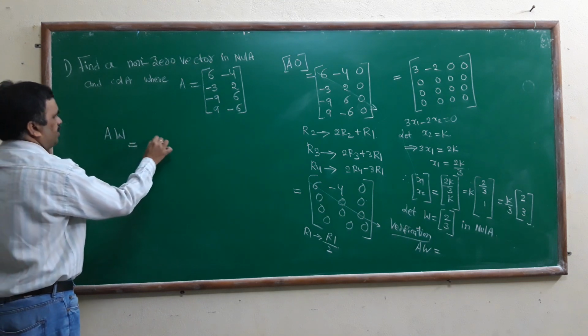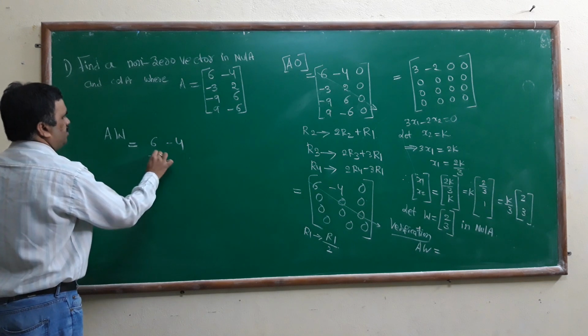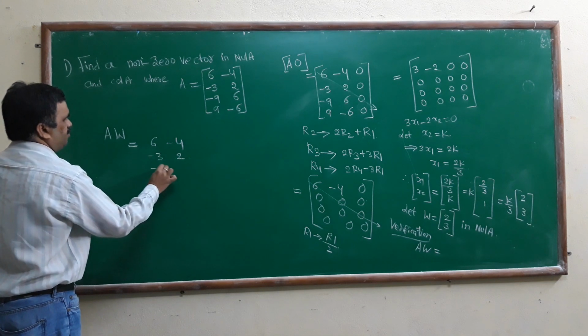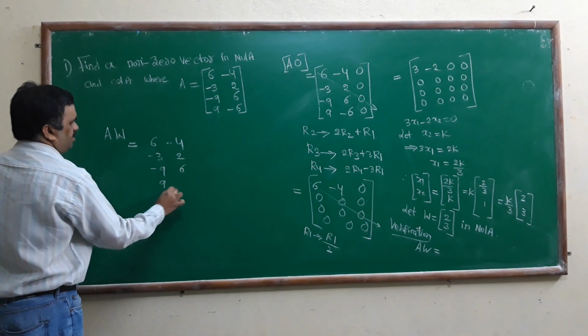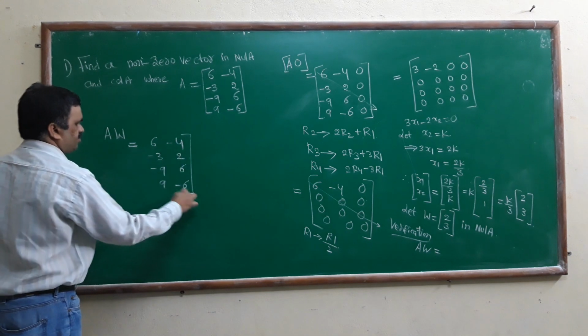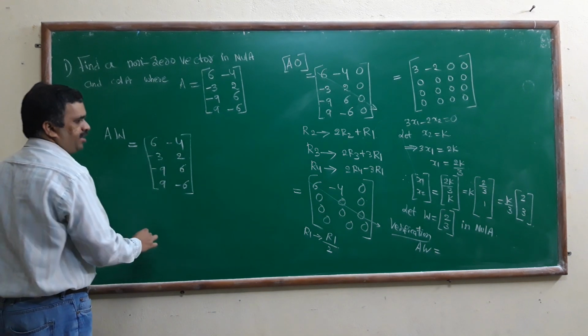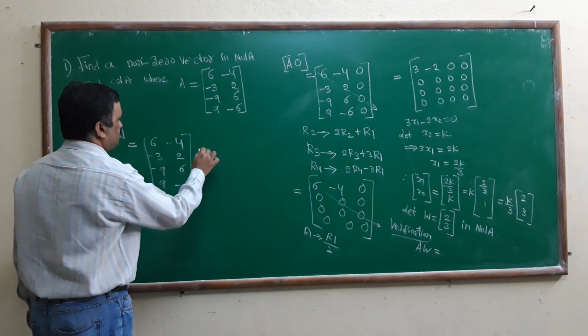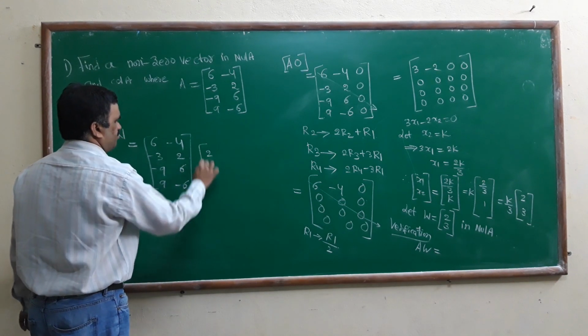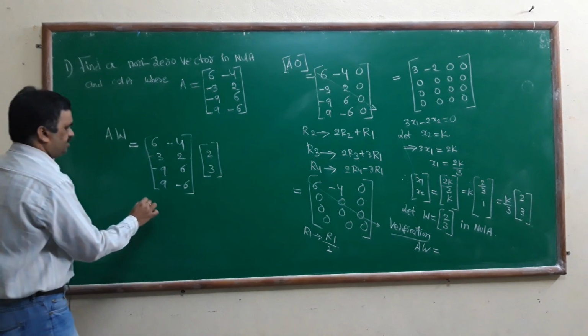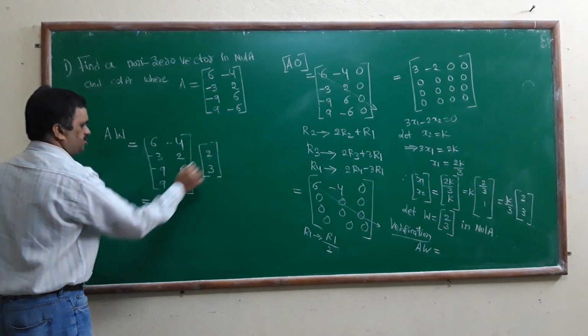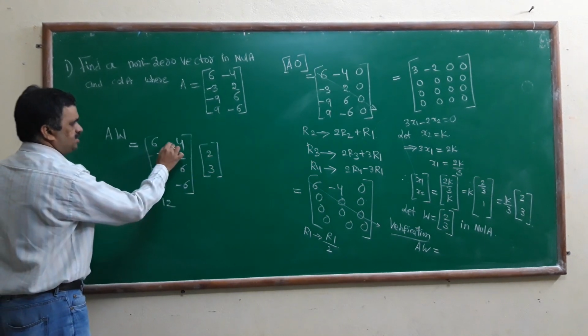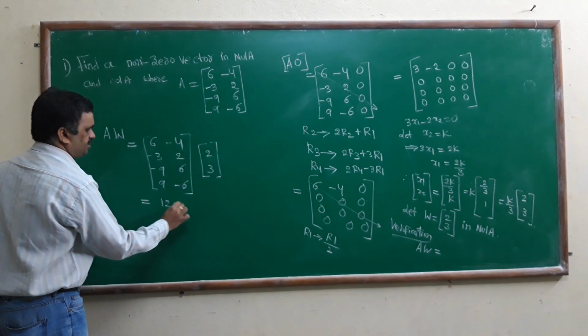A we already have: 6, minus 4, minus 3, 2, minus 9, 6, 9, minus 6. And W we already have: 2, 3. Multiply it: 6 times 2 is 12, plus minus 4 into 3 is minus 12.